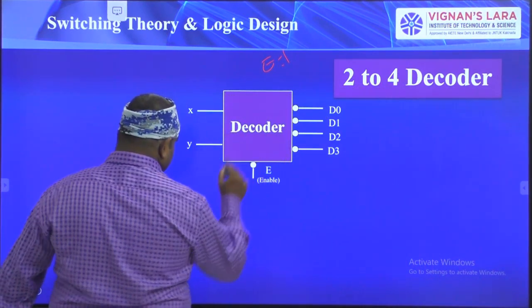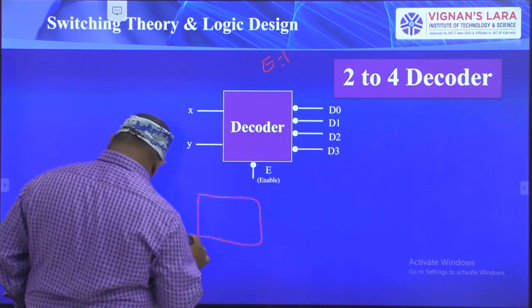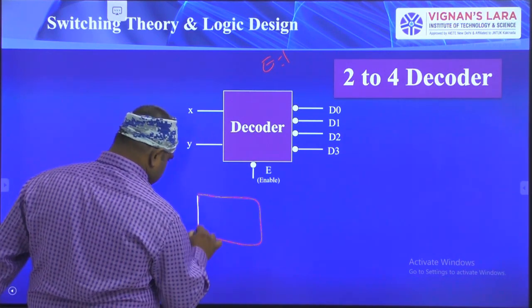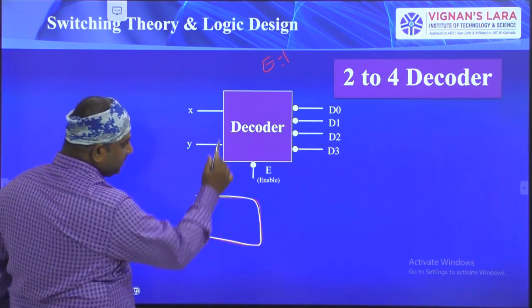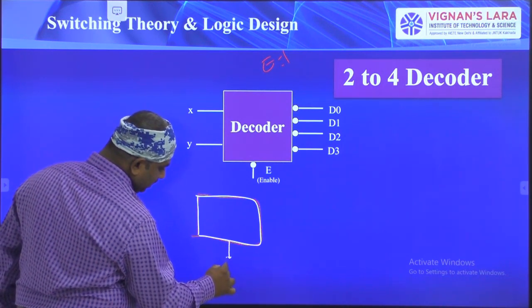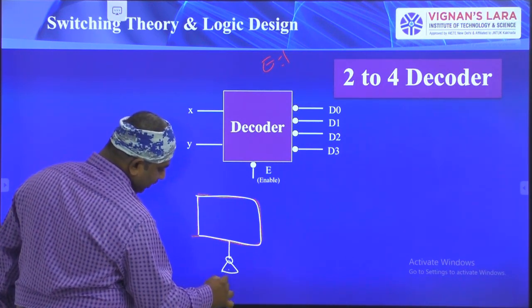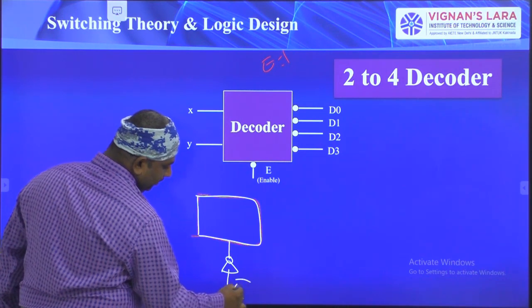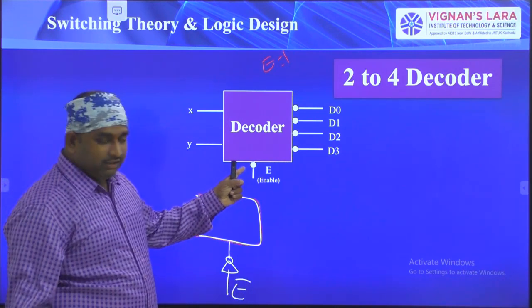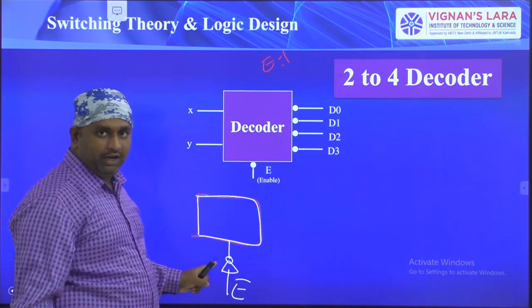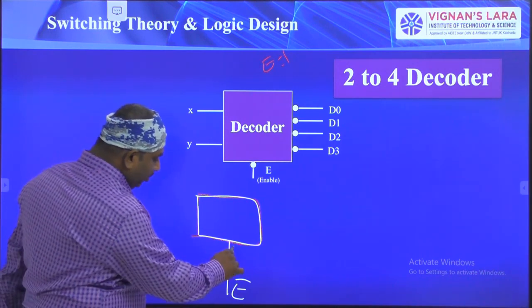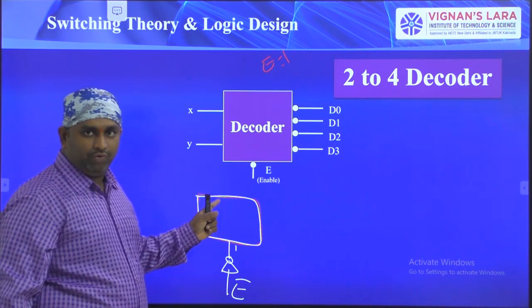So see here, this diagram is connected like this. This is a decoder circuit. Here I have placed a NOT gate. Now I am giving the E before the inverter. This bubble is nothing but a NOT gate. When you give 1 here, it goes to the working condition.